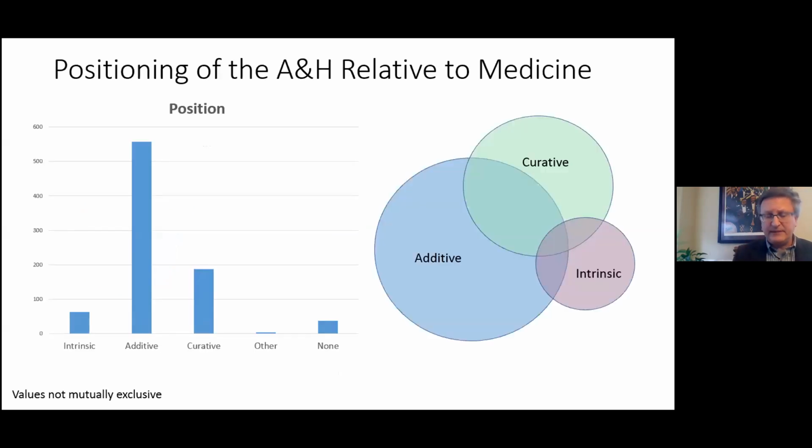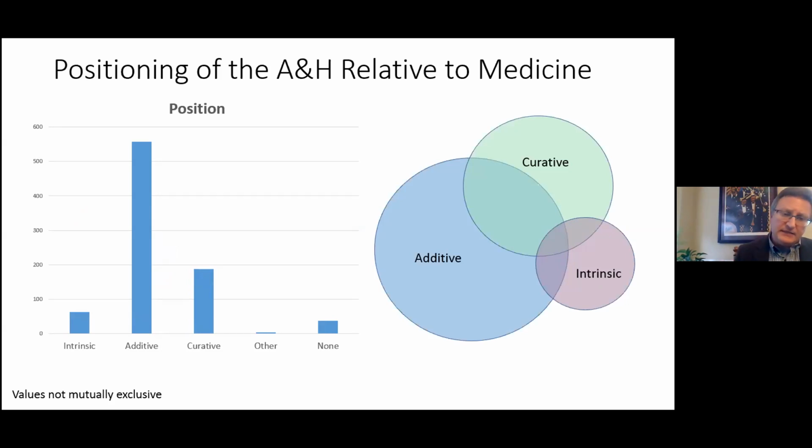Now I'm going to talk about the two conceptual analyses. One was we looked at how the articles in their language positioned the arts and humanities relative to the practice of medicine. And we used a framework that had been published by Denhart in 2016.